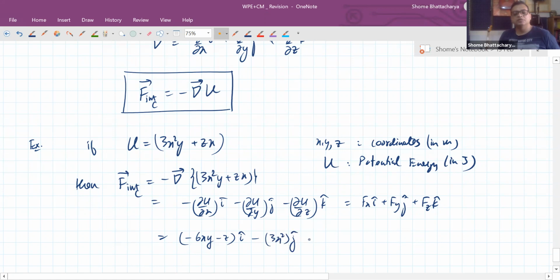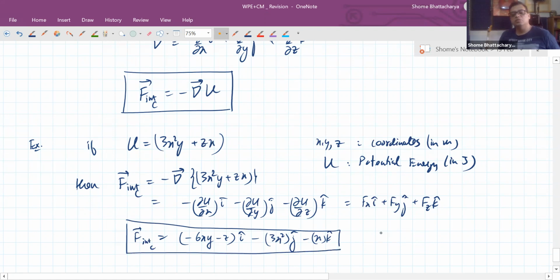And then with respect to z, this will become minus x, k cap. So this will become the expression for our internal conservative force. The x component will be minus of 6xy plus z, the y component will be minus 3x square, and the z component will be minus x.